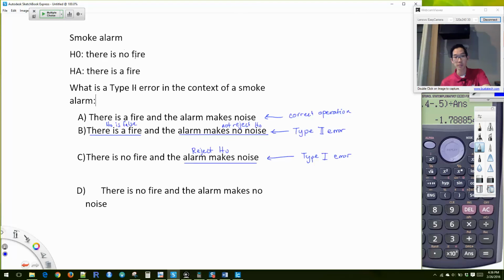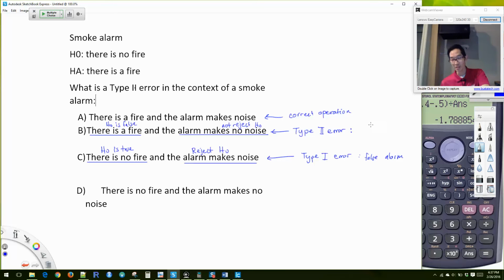So there is no fire. Our decisions would be to either reject or not reject. Rejecting the null hypothesis would sound an alarm, makes noise, and there is no fire means the null hypothesis is true. So type 1 error would be kind of a false alarm.